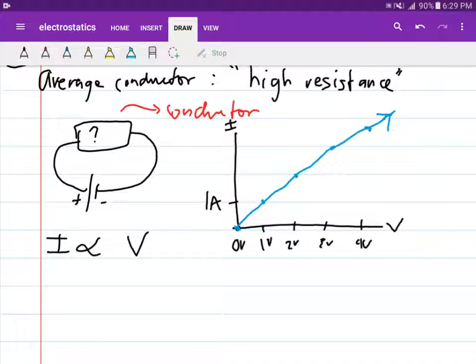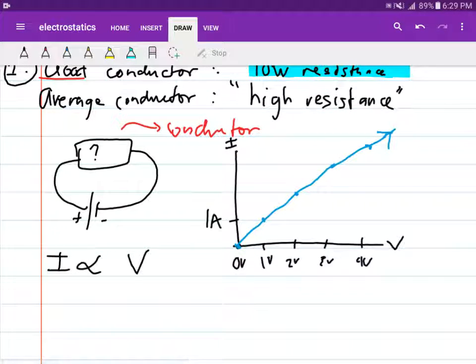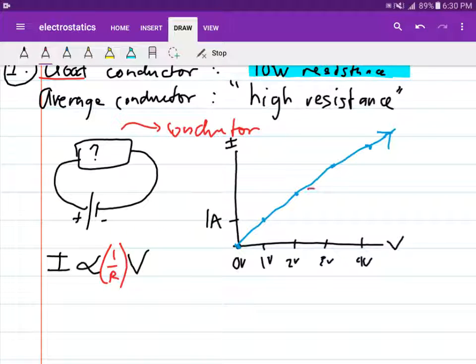So if we want something to have low resistance and to classify it as a good conductor, we should put the relationship between I and V to be 1 over R. And actually, this 1 over R is the slope of this line.